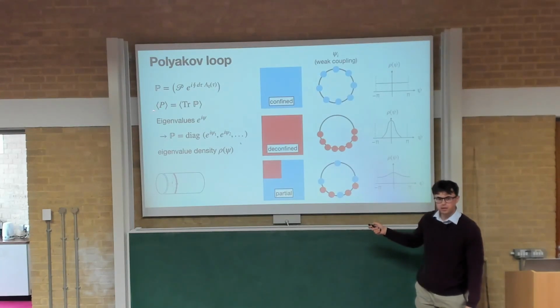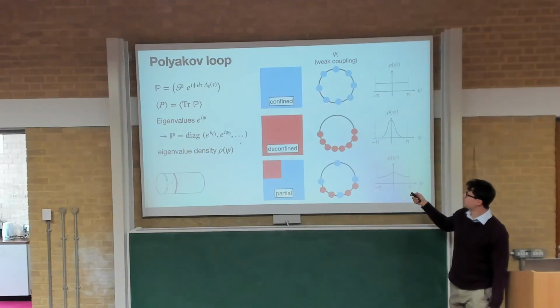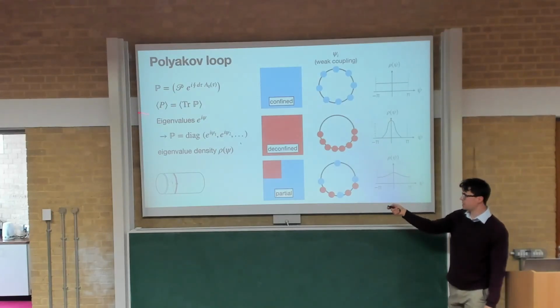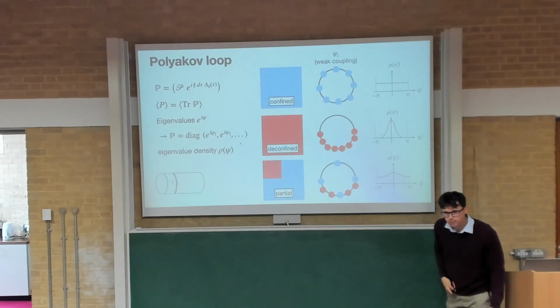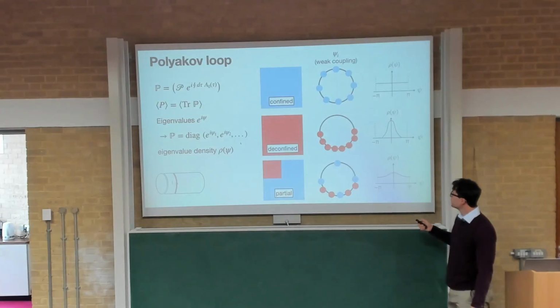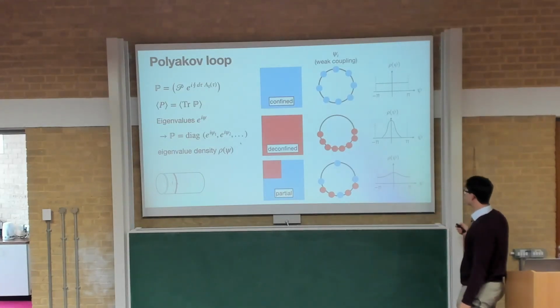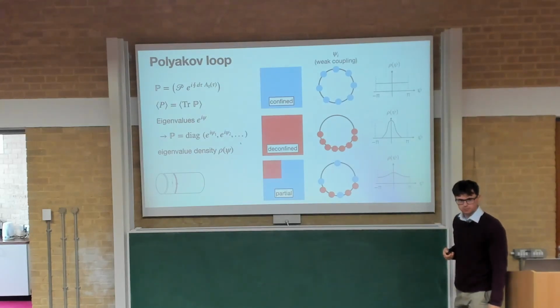You can sum over these eigenvalues, and because of the symmetry, the trace of P will vanish. And so it's an order parameter for confinement.